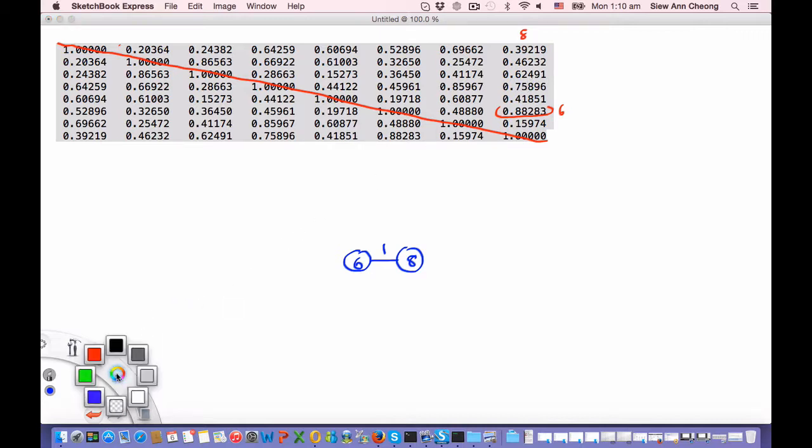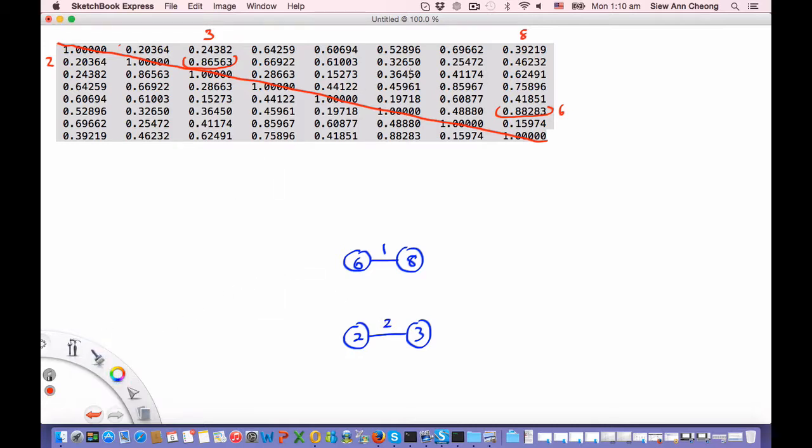Now let's proceed to find the second largest. Earlier we said that 0.865 is the second largest. Let's highlight that. It is between number 2 and number 3, so let's draw that. This is the second link to be added.